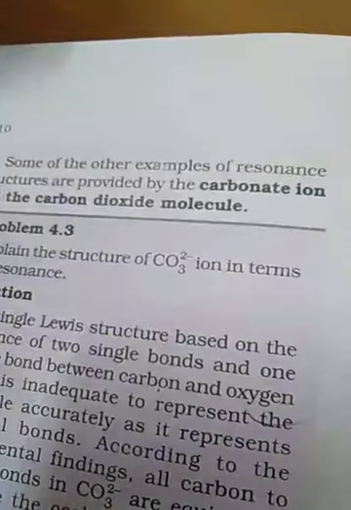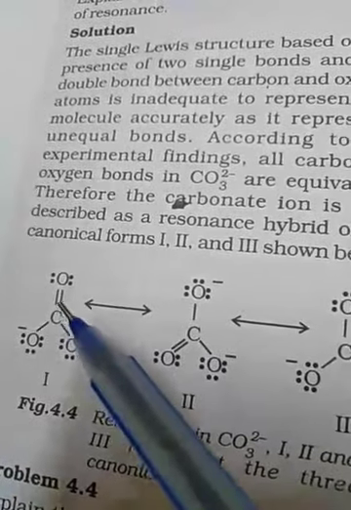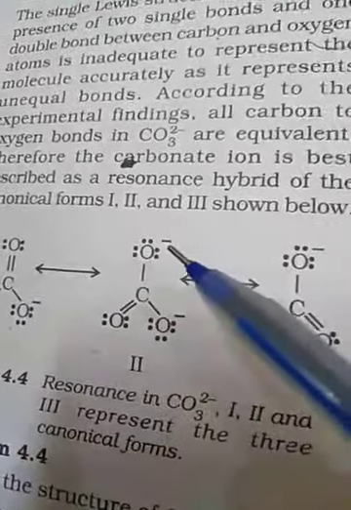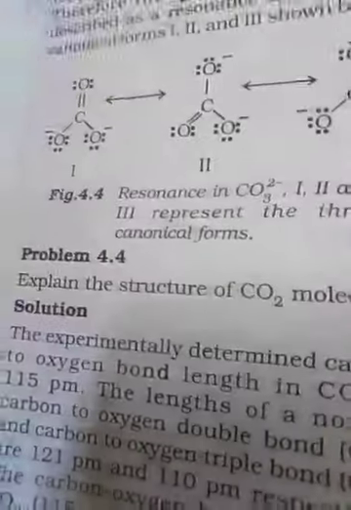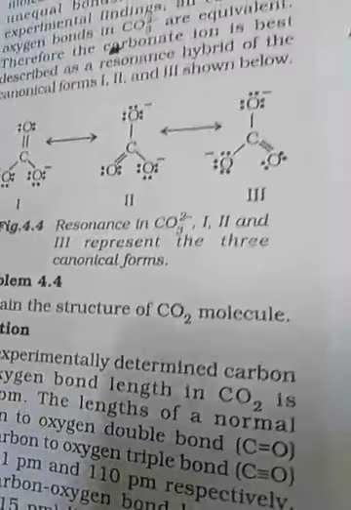Now some other examples you can practice, the carbonate ion. Carbonate ion, CO3 2 minus, means extra charge, and you can practice this ion also. Also explain the structure of the CO2 molecule.